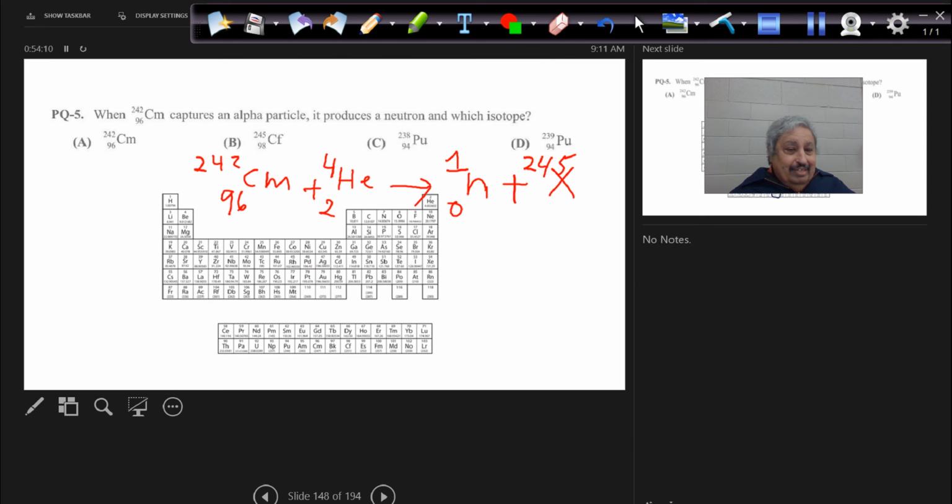How about the bottom? The bottom is 98. Look at the periodic table. Which is 98? Californium. That was found in the state of California. And Bk, in the Berkeley Federal Lab, Berkelium.